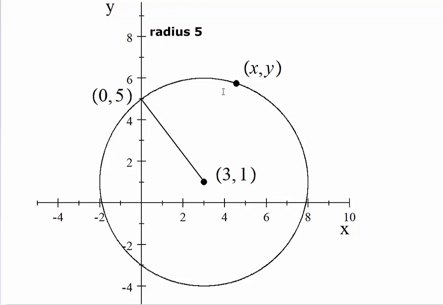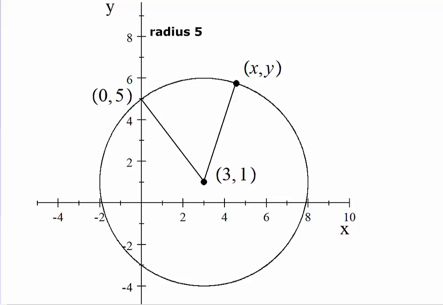Now we shall take a typical point with coordinates x and y on this circle. Recall that the radius is the distance from the center to any point on the circle, which means this distance is also 5.